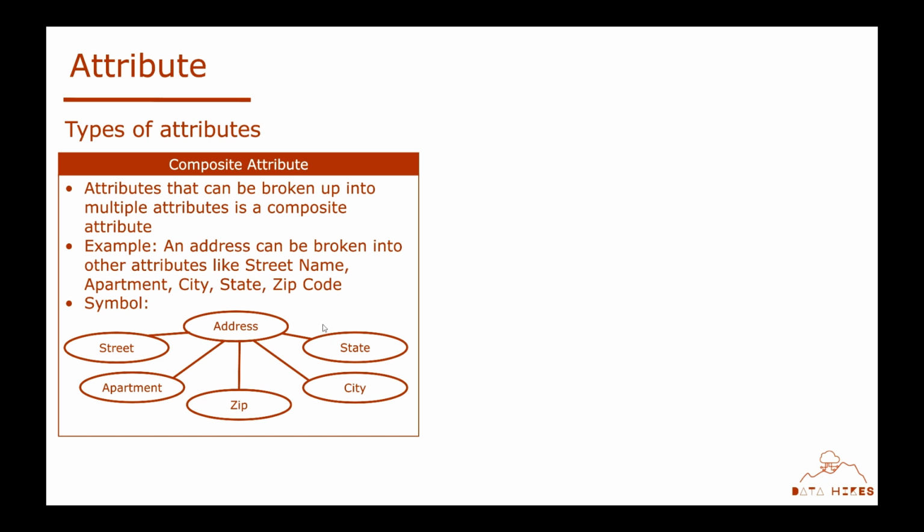And all these also have their unique meanings. So when an attribute can be broken down into multiple attributes in a meaningful way, it is called a composite attribute, and it is represented like this with the main attribute, with the composite attribute at the center, and the parts it can be broken down into connected by it via lines.